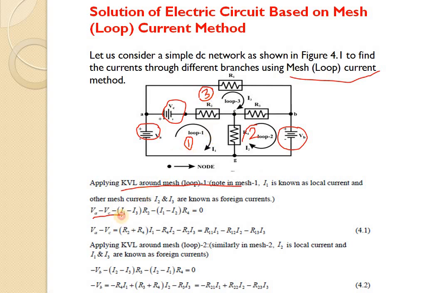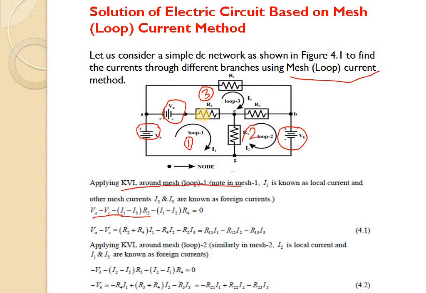The concept here is that the voltage drop across a resistor is the current of the loop we are concentrating on first, minus the current of the other adjacent loop.